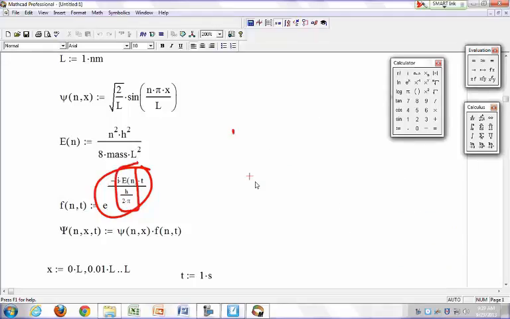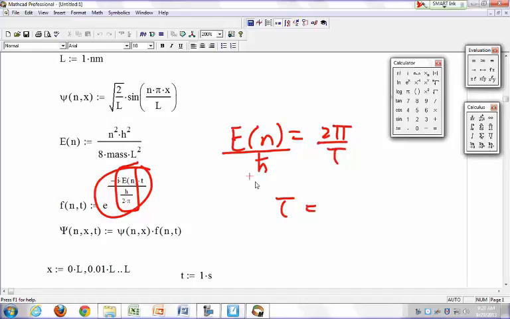So I'm going to say your E of n over h bar is equal to 2 pi over tau. So what's my tau? Tau is going to be 2 pi h bar over E of n, right? And 2 pi h bar is just h. Remember, h bar is h over 2 pi. So h over E of n.